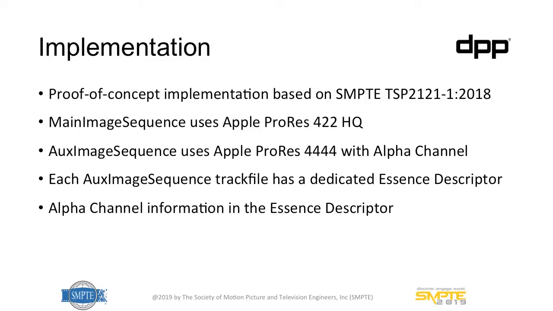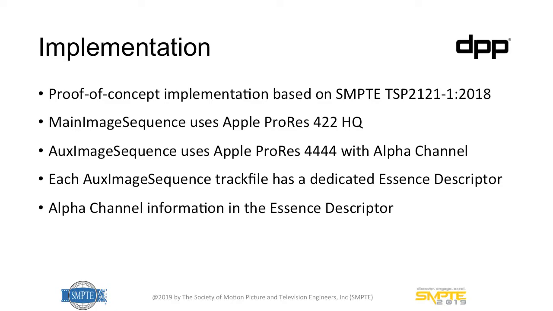And that's what the DPP members have selected as a deliverable format for their masters. And we added the main image sequence as Apple ProRes 422 HQ in this case on purpose. And the auxiliary image sequence, on the contrary, was using Apple ProRes 4444 because it has to support the alpha channel.